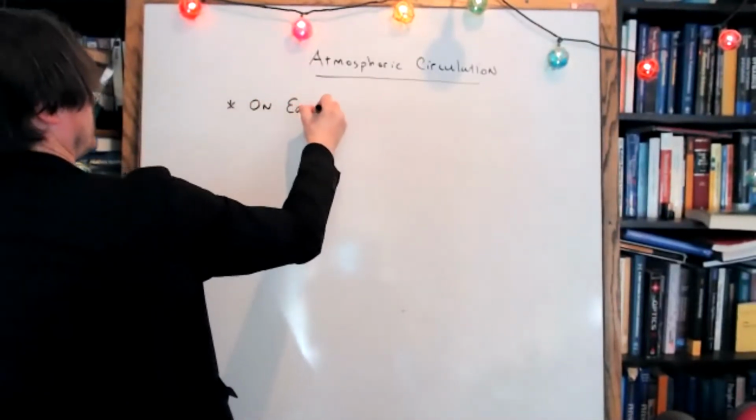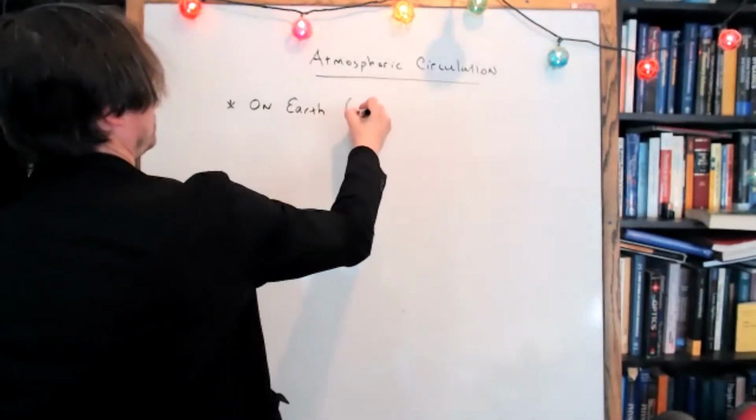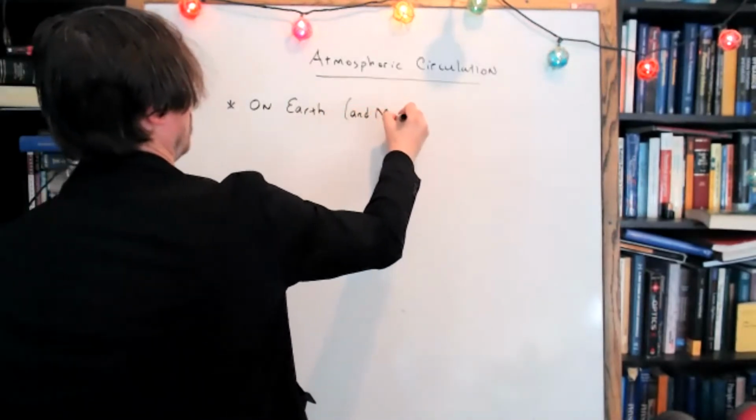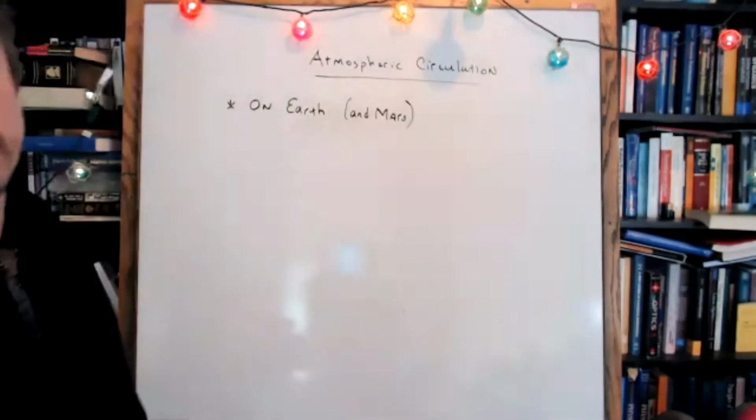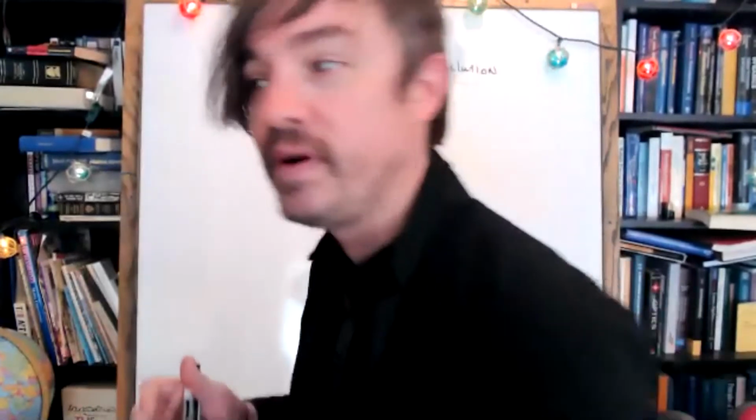On Earth, and to some degree on Mars, although it turns out that Mars's atmosphere is so thin that it doesn't effectively hold as much heat, so it kind of doesn't matter so much.